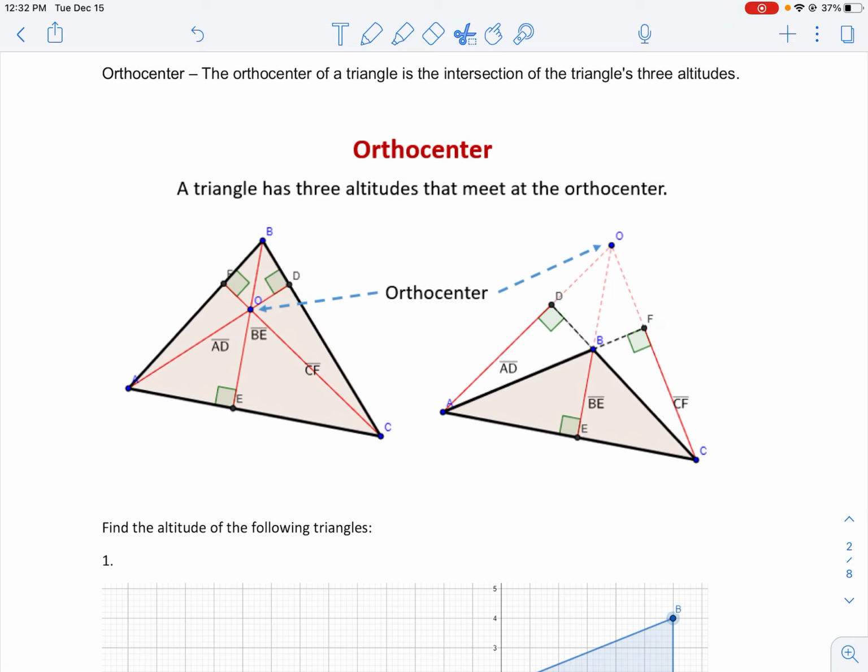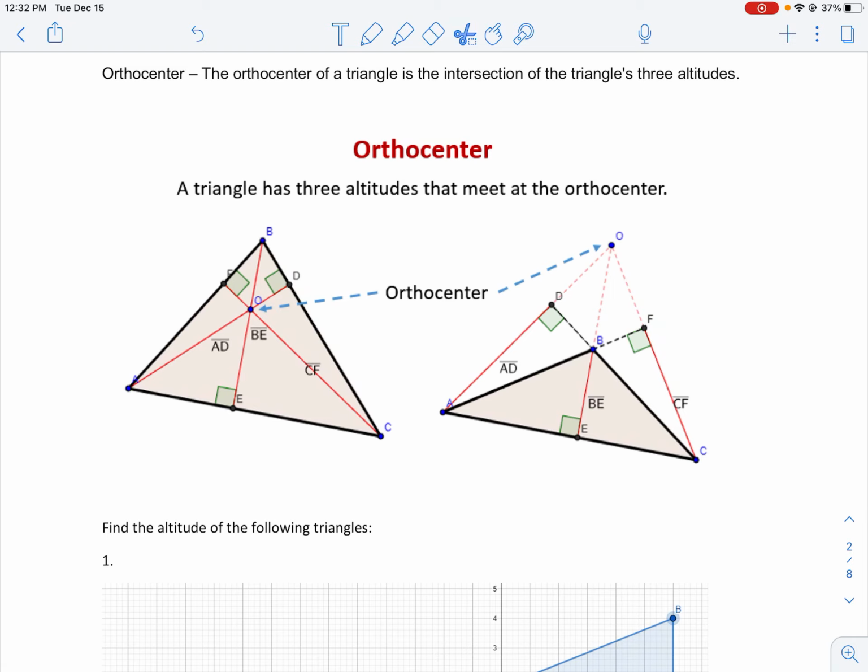Not always do our perpendicular lines, our altitudes, actually meet inside the triangle. So that's what the orthocenter is. It's just where all three altitudes or heights of the triangle meet.